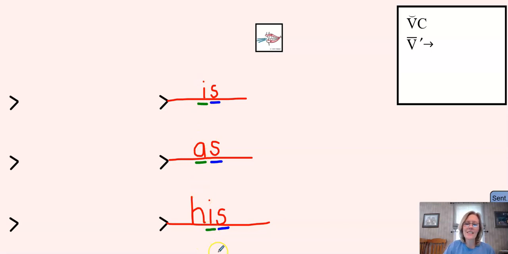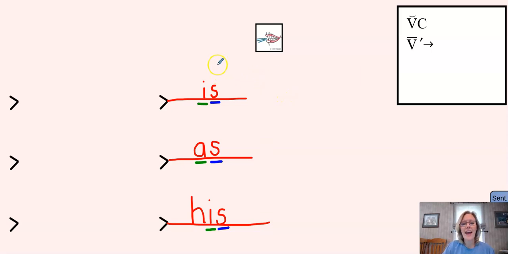Well, each of these letters is a vowel. And what do we know about vowels? All vowels are open and voiced. And so we are going to learn a new rule here right now.